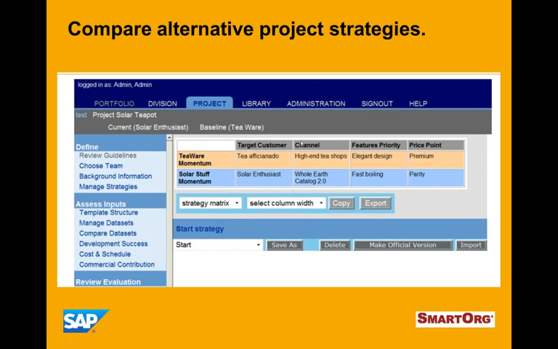Across in the columns, you will see there are various decisions that have to be made should we follow this particular strategy. For instance, if we follow the first strategy here, our channel is going to be high-end tea shops for our little tea kettle. On the other hand, if we follow the other strategy, our channel will be things like the Whole Earth Catalog, things like trying to sell this thing through the internet and such.